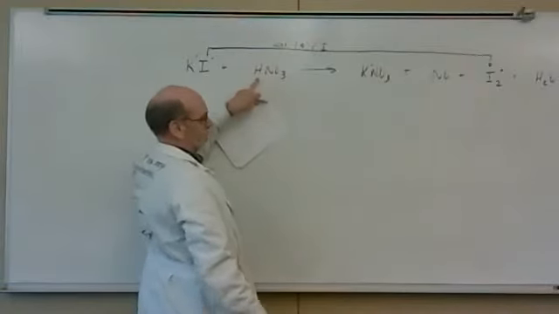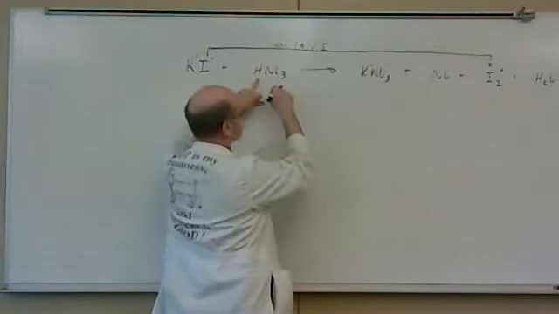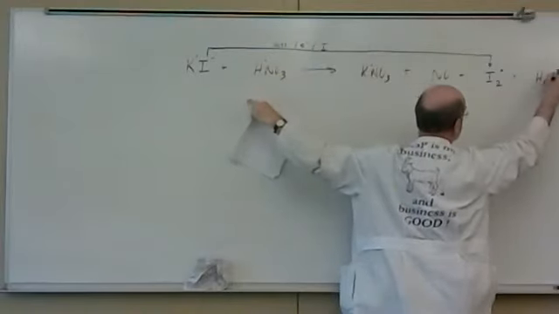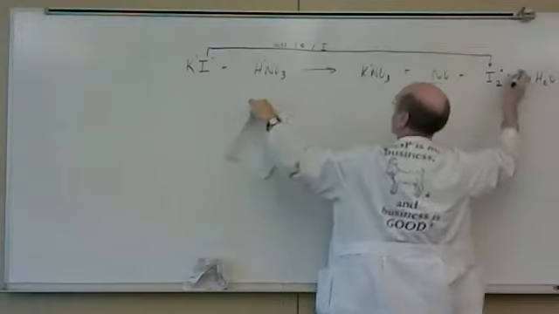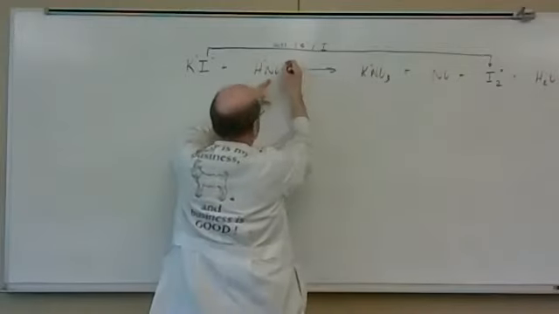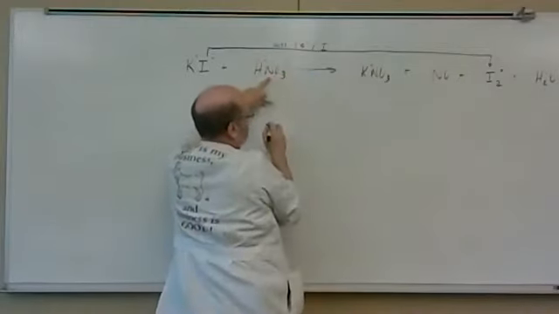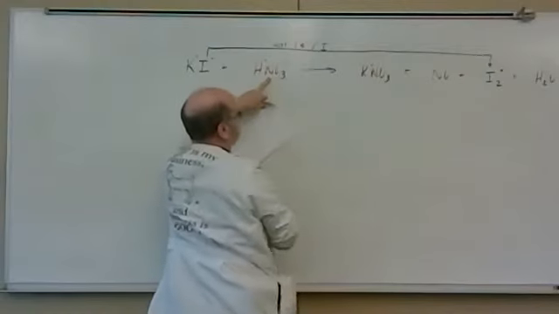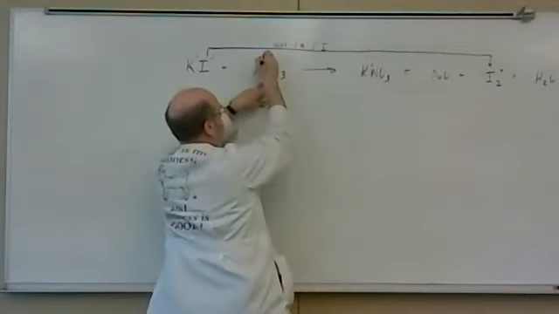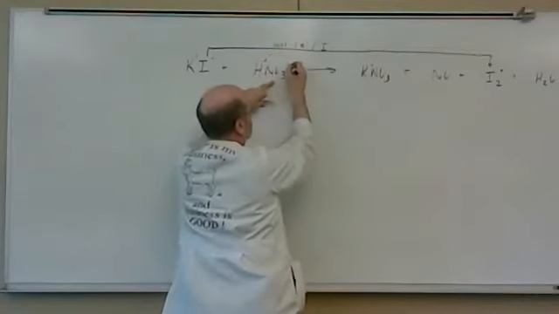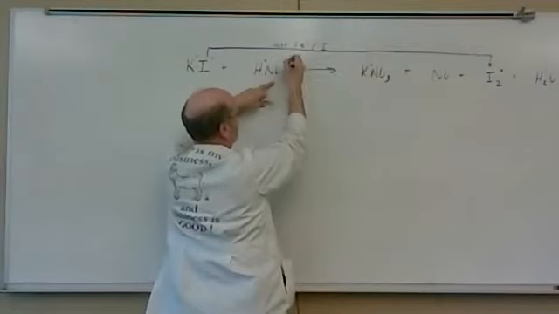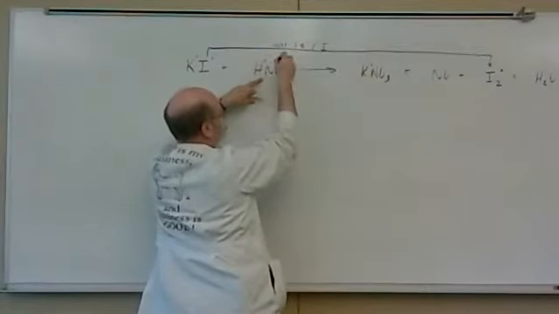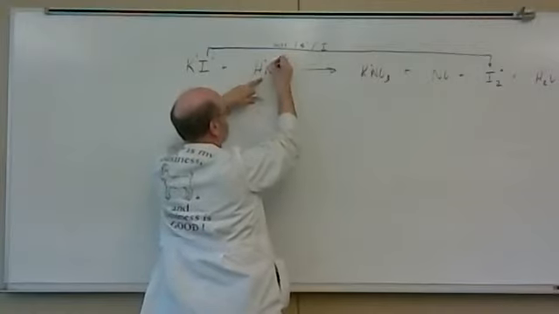Hydrogen's not changing. It's +1 here, it's +1 there. Right? Oxygen here is -2. Nitrogen here is, let's see, that's +1. -2 times 3 is -6, and +1 from that is -5. So this has to be a +5.